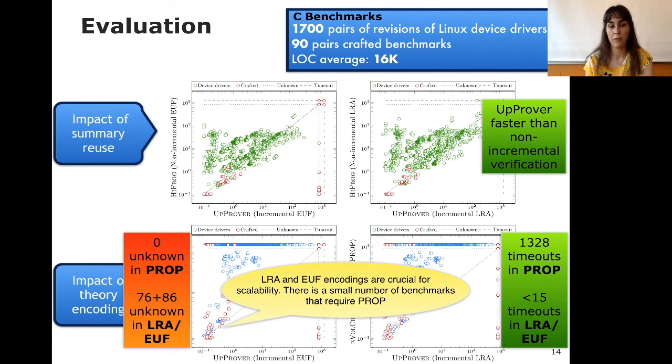But the conclusion of this set of extensive evaluation was that LRA and EUF in total performed quite nicely. As you see, this is less than 5% compared to the number of initial benchmarks we had. And that's quite nice for achieving scalability. But of course, there are some situations where we would need precise propositional encoding.